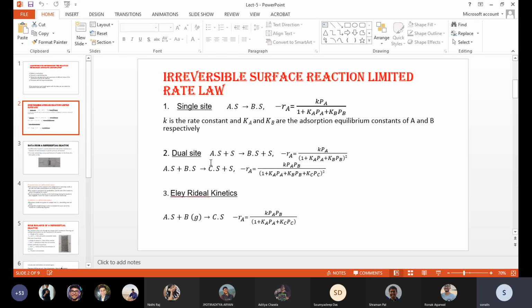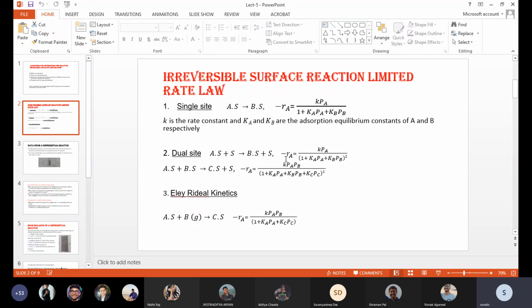For the dual site, A·S plus S is equal to B·S plus S. Here you see, while doing the reaction, A needs one more site to produce B. So A·S, the already adsorbed species, is taking another vacant site S to produce B on one adsorbed site, and another vacant site is produced.